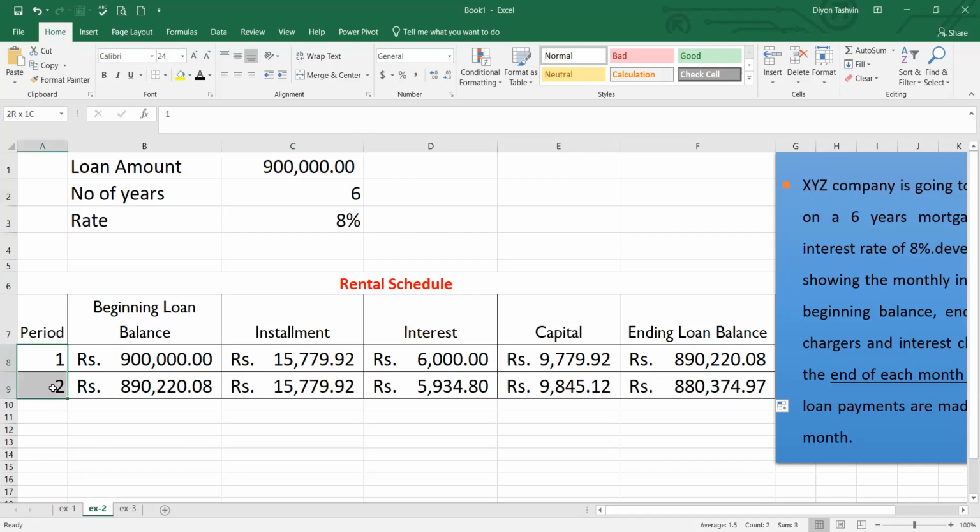So first I'm going to highlight 1 and 2. Then I'm going to drag it up to 72. Before that, I have to wait for the mouse pointer to change to the auto-filling option, which means the plus sign. After that, I'm going to drag it up to 72.